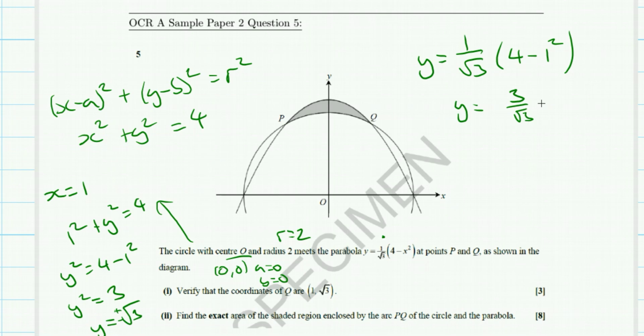So we substitute that in. That's going to be 1 over root 3, 4 minus 1 squared, which gives you 3 over root 3, and then we times root 3, so we get 3 root 3 over 3, which is equal to root 3. But of course you can just plug that directly into your calculator. So here you have verified it.